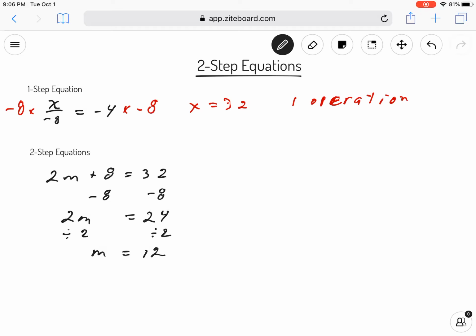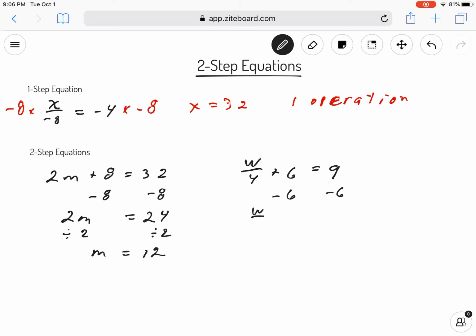Another example would be that we have w over 4 plus 6 equals 9. Again, the operation furthest away is usually this addition or subtraction. In this case, it's addition. So we want to subtract, do the opposite, subtract 6 from both sides.